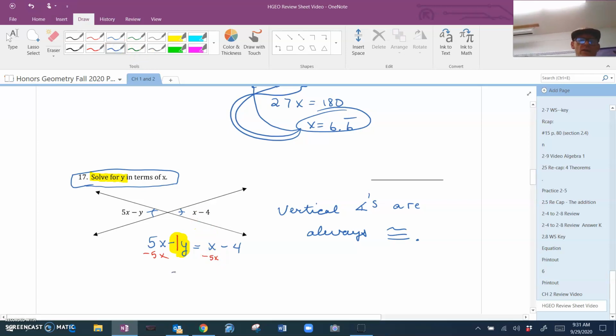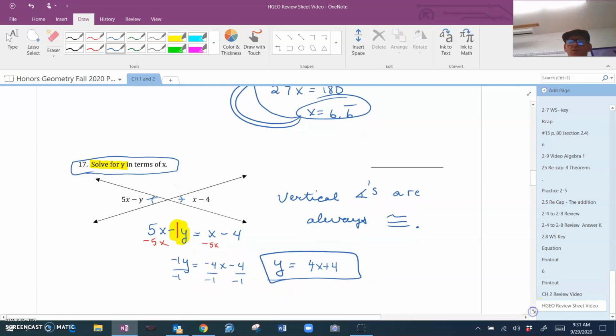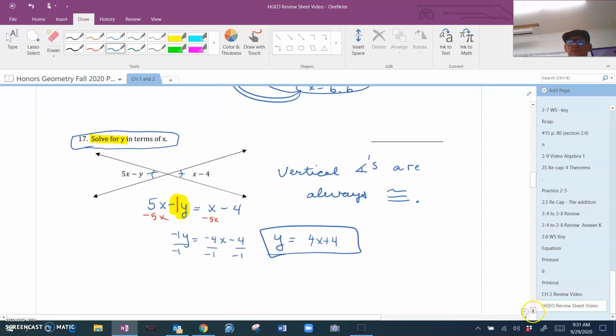And then you have negative 1y is equal to negative 4x minus 4. If we divide all the terms by negative 1, that will be how we solve for y in terms of x. Y equals 4x plus 4 is what we should get for the answer for that math problem, number 17.